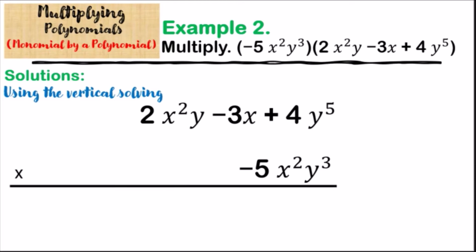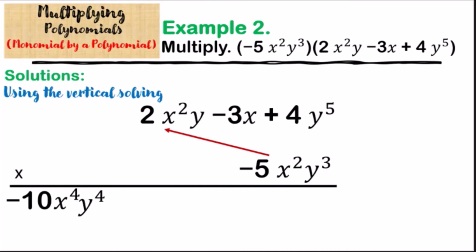First, multiply the monomial to the first term of the polynomial. That is, negative 5 times 2 is negative 10. X raised to 2 times x raised to 2, that is x raised to 4. Y raised to 3 times y is y raised to 4.